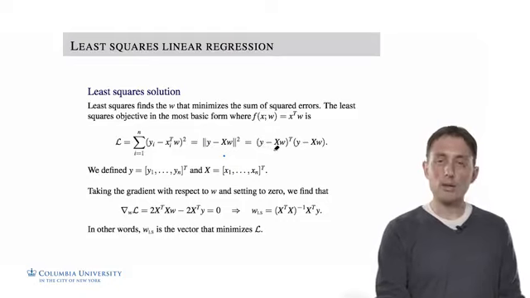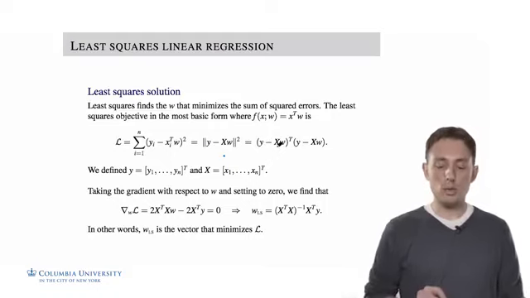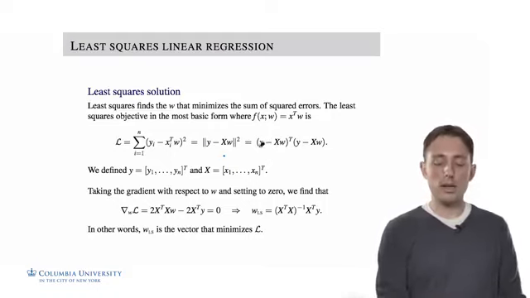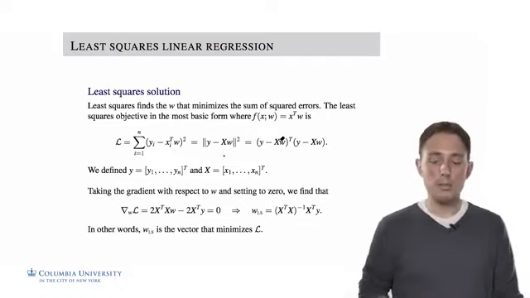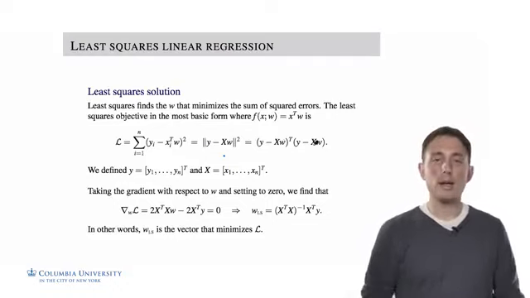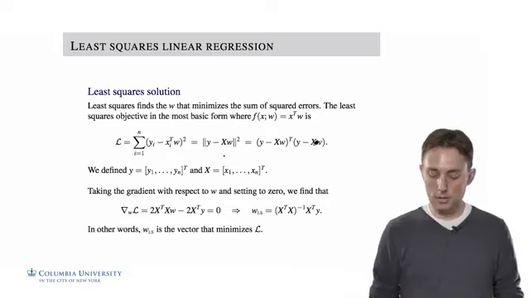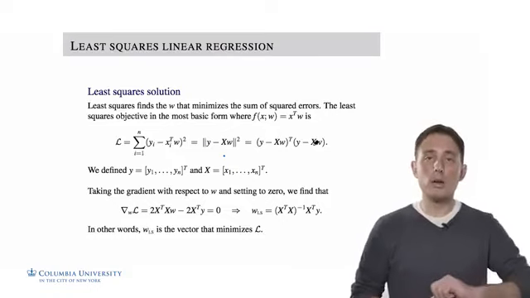And then we take the error vector, which is the vector y minus its approximation, Xw. This is the vector of errors for all n of our data points. And when we take the dot product of that error vector with itself, we're summing the square of those errors.